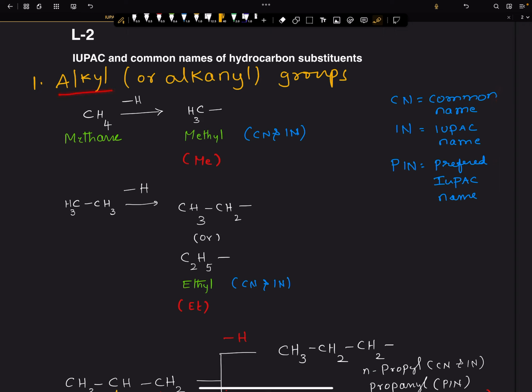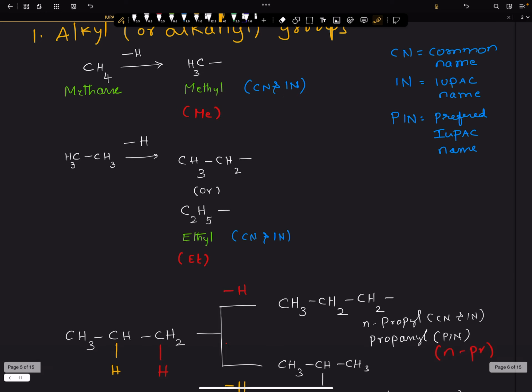Coming to alkyl groups, they are derived by removing one hydrogen from the parent alkane. This is methane, CH4. When one hydrogen is removed, the group or substituent is called methyl, or in short written Me. This is both common name and IUPAC name.